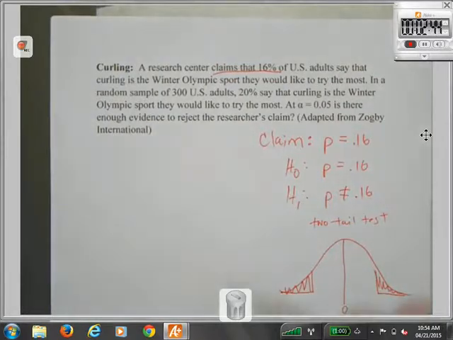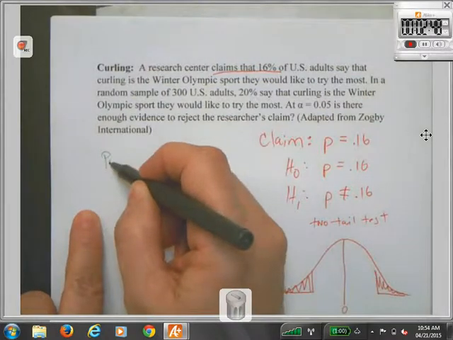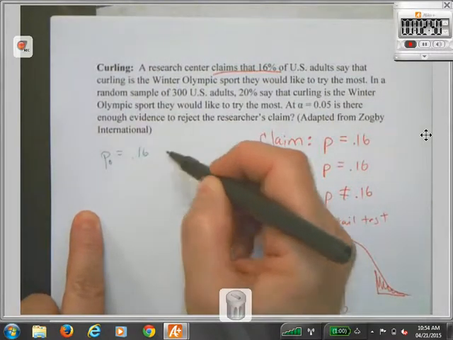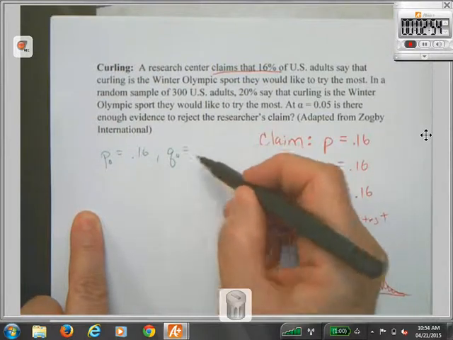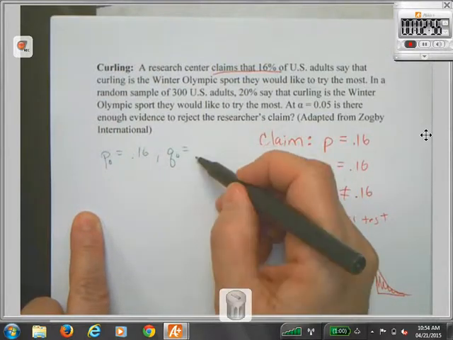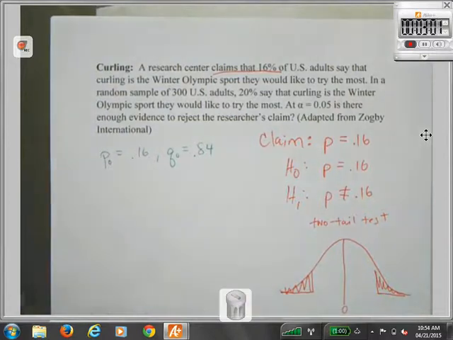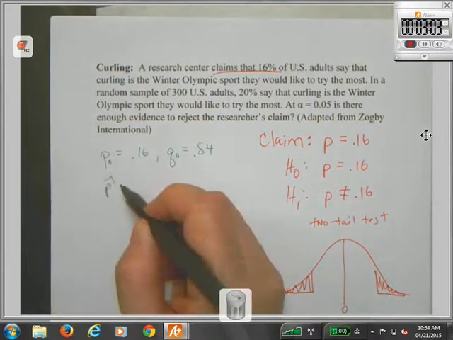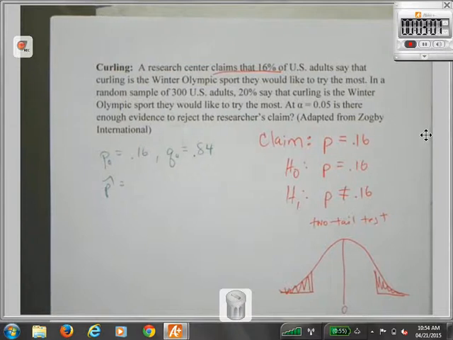Our claim, or our original P, and we're calling it P sub 0, is the 0.16. So we also need a Q sub 0. That will be 1 minus the 0.16, or 0.84. Then we need a P hat. In this particular case, the P hat was given as the 20%.